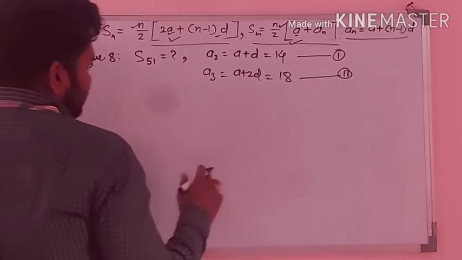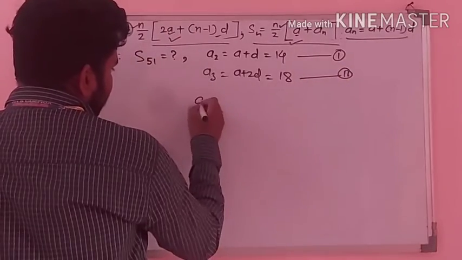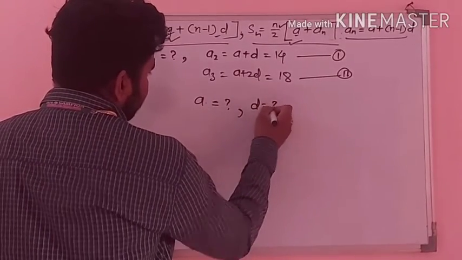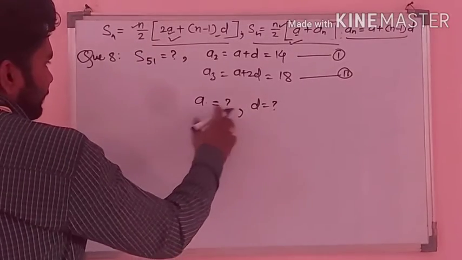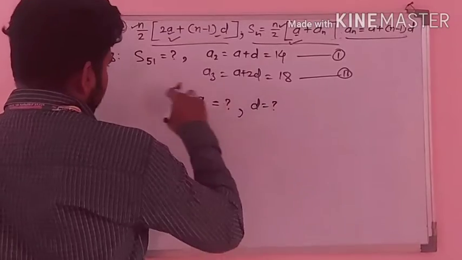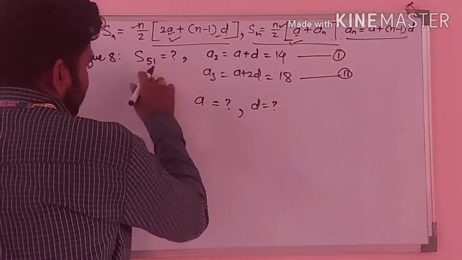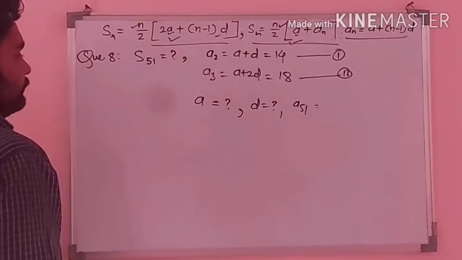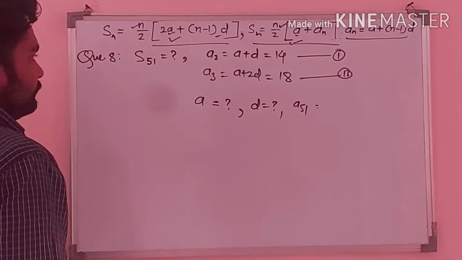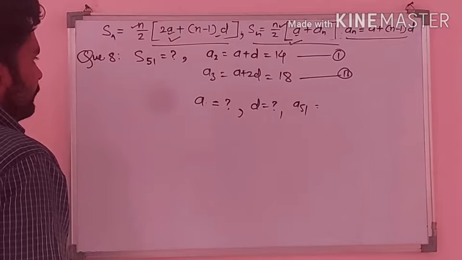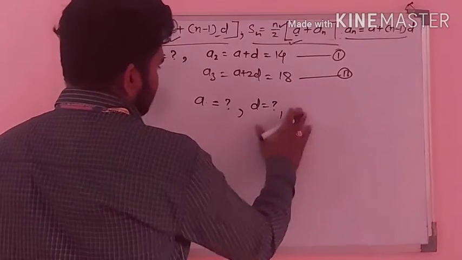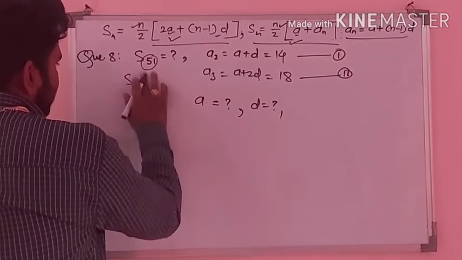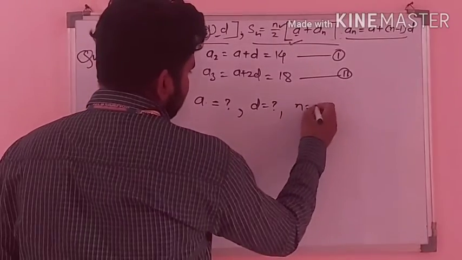Subtract equation number 1 from 2. You get the value of A and the value of D. Then we have to find S51, the sum of 51 terms. That means N we denote as N, so N is equal to 51.